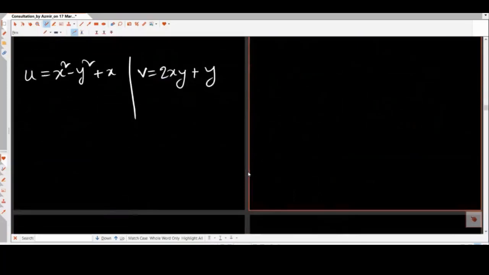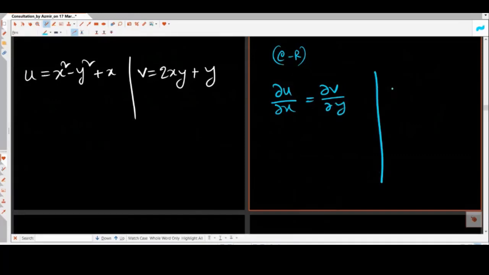So now we know that the Cauchy-Riemann equations are du dx equals dv dy, du dy equals negative dv dx. So these two equations are known as the Cauchy-Riemann equations. This is the first equation and this is the second equation.